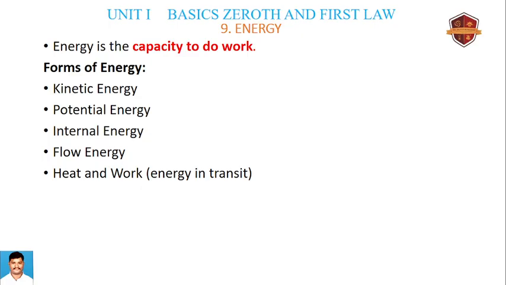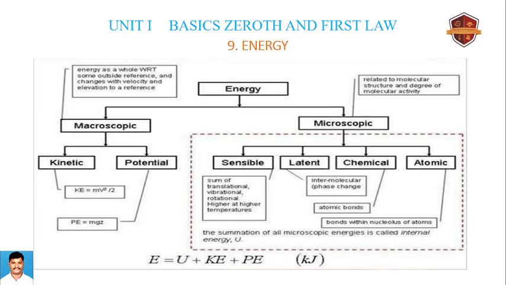Next one is energy. Energy is the capacity to do work. These are the various forms of energy: first one is kinetic energy, second one potential energy, third one internal energy, fourth one flow energy, fifth one heat and work. The energy flow chart.